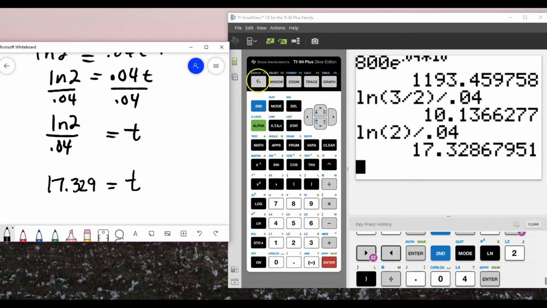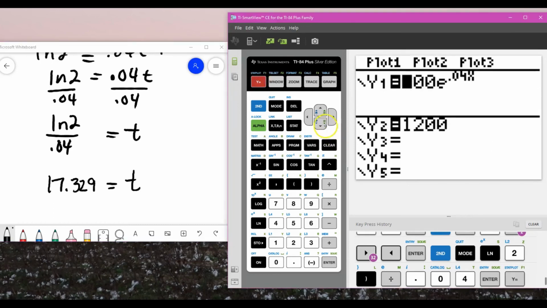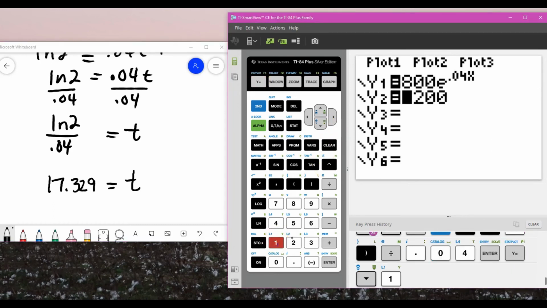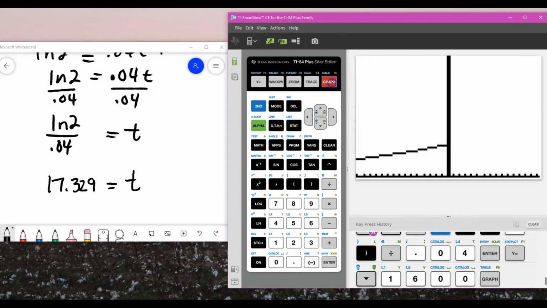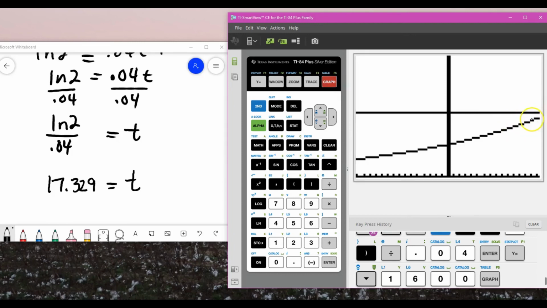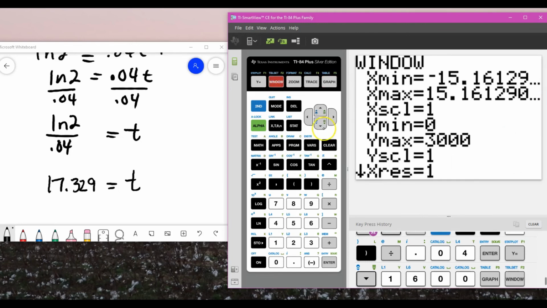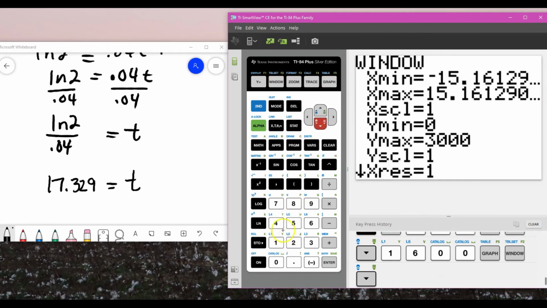We could also get this in our calculators, making that value 1600. And if you look at this picture, you can see that I don't see the intersection point. So I'll have to adjust my window a little bit more.